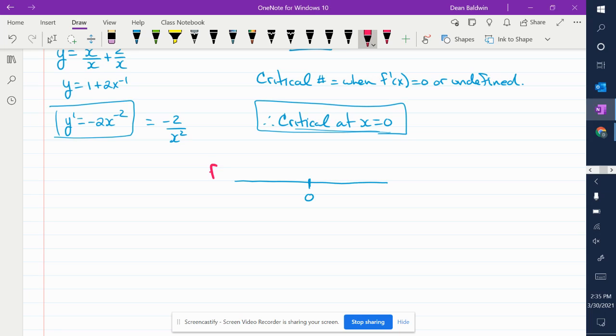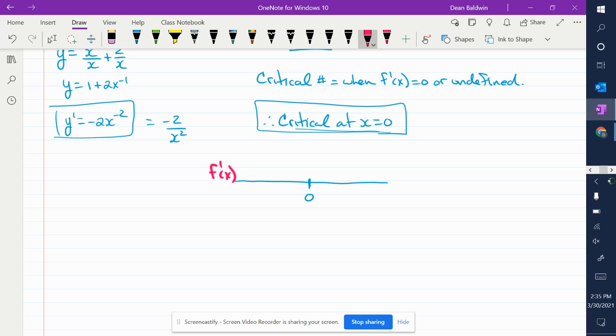Okay. So I go, okay, first derivative. I want to test a number to the left of 0. It doesn't matter what number you test. You could test -4 billion if you really want to. You might as well test the easy ones. So what would be the easiest one? -1, right?